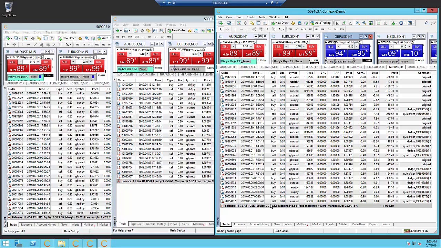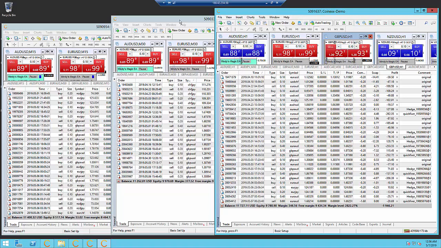But equity goes up and down as the negative PL goes up and down. When the negative PL goes down, the equity goes up dramatically. When the negative PL goes up and gets higher, that money comes directly out of the equity. Okay? So that's how that works, and this is the account that's running the 1 hour charts on the EA.